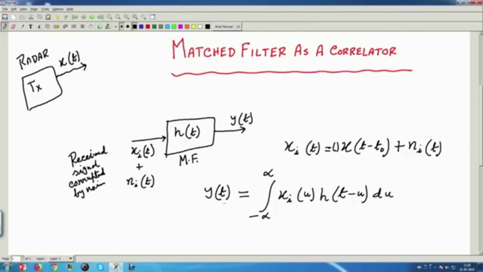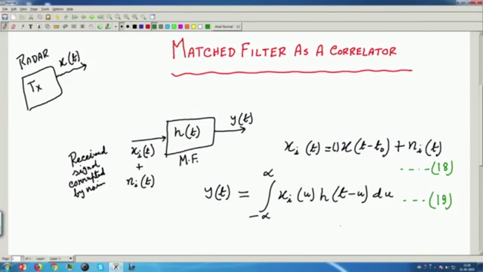Since it is an integration, the output will be a function of time, that is y(t). Let me give the equations names: the last time we ended at equation 17, so this equation I call equation 18 and this one equation 19.